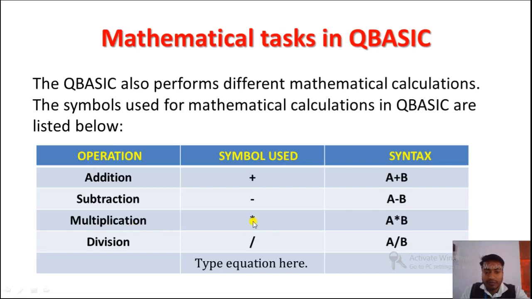For multiplication we have the asterisk sign. This is the sign accepted in computer language for multiplication. Understood? This is called the asterisk: a asterisk b. And this is for division: a by b.